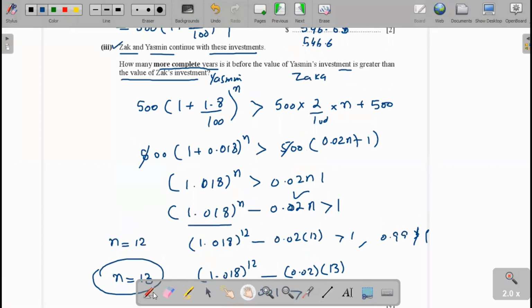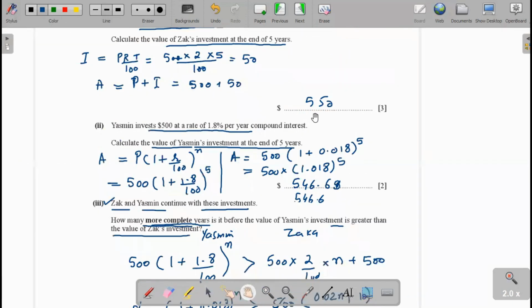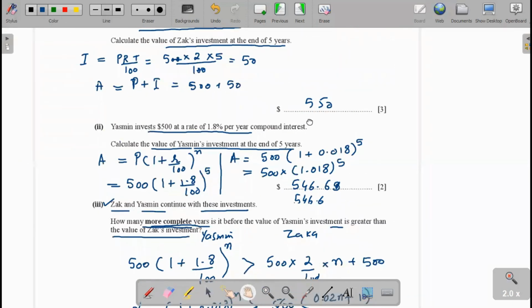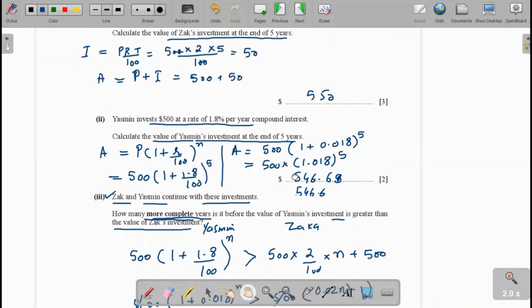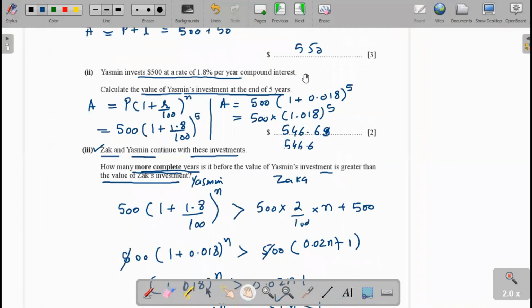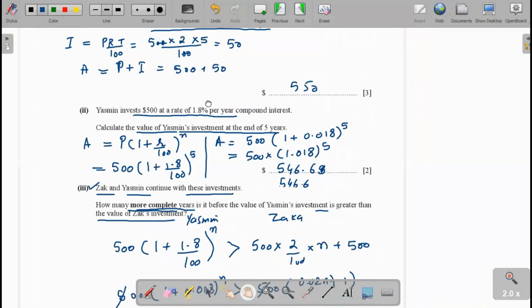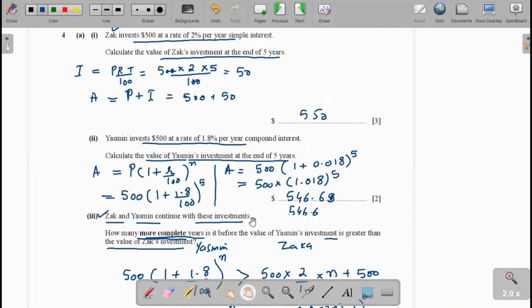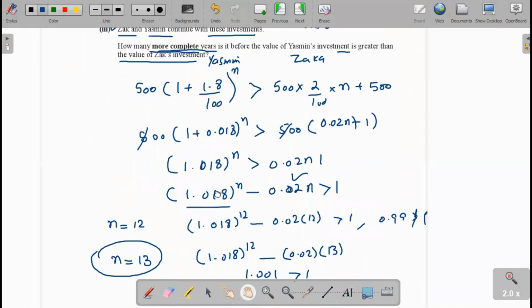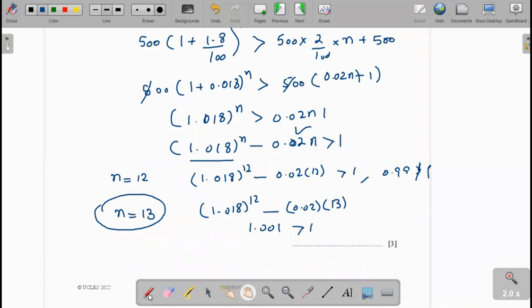Now we have to find how many more years. You see here the 5 year investment of Zaka is 550, and that says 540. At this position, the Zaka investment is greater after 5 years, and when we subtract 5 from 13, that is 8 years.